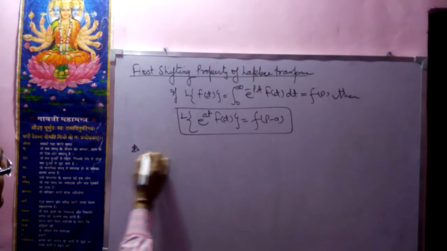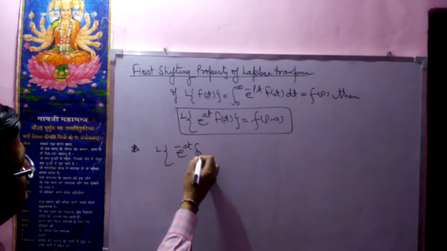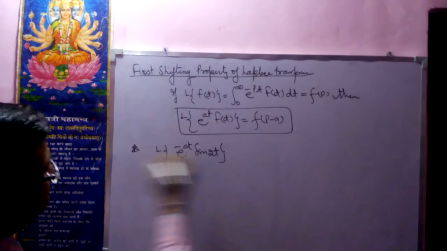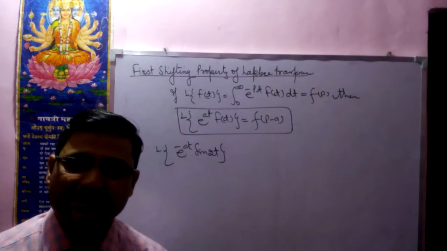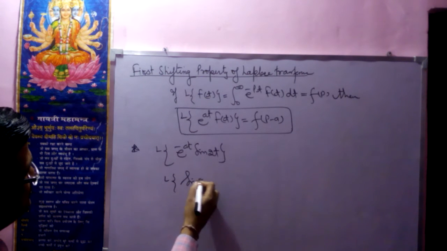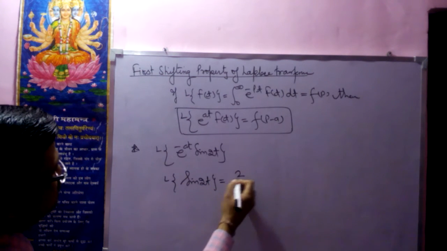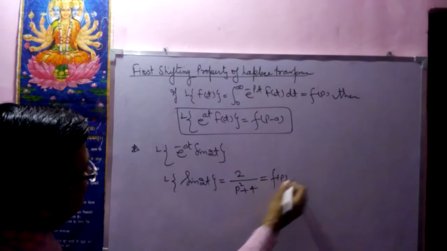Suppose, for example, the Laplace of e to the power minus at sin 2t. Here, first of all, we will find the Laplace transformation of sin 2t. That is, the Laplace of sin 2t is 2 upon p square plus 4. This is the function of p.